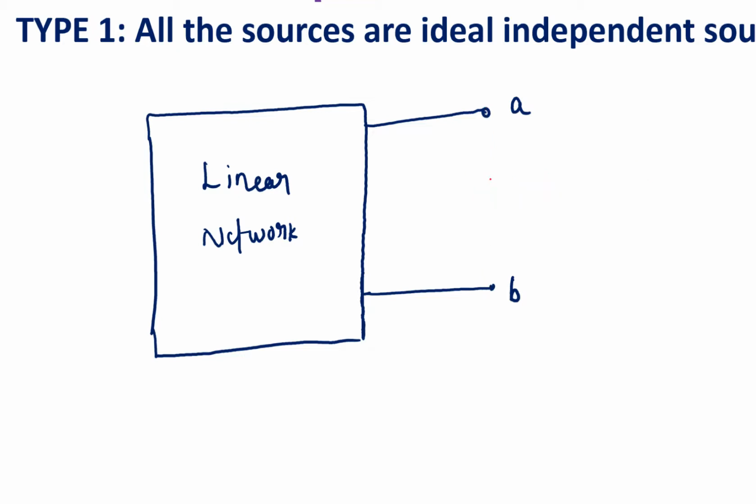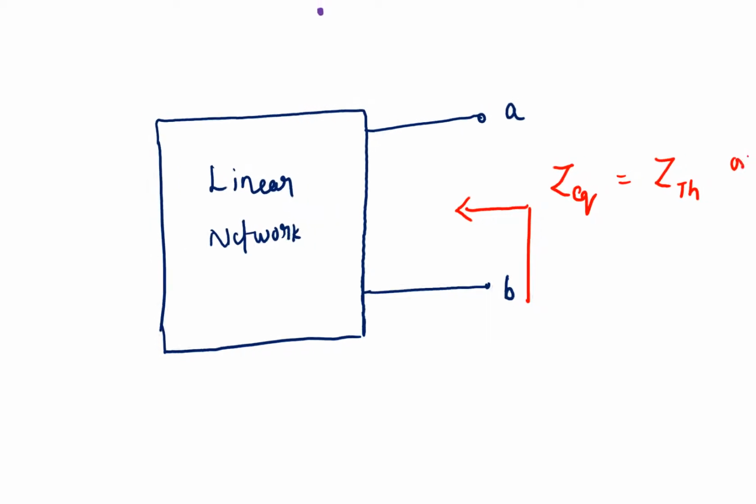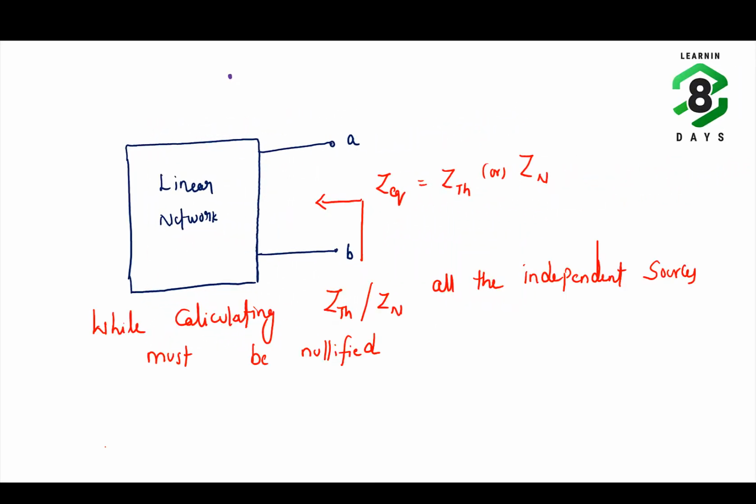Now to calculate the Thevenin's impedance or Norton's impedance, we have to calculate Z equivalent across these two terminals. This will be equal to ZTH. While calculating the Thevenin's impedance or Norton's impedance, all the independent sources present in the linear network must be nullified.